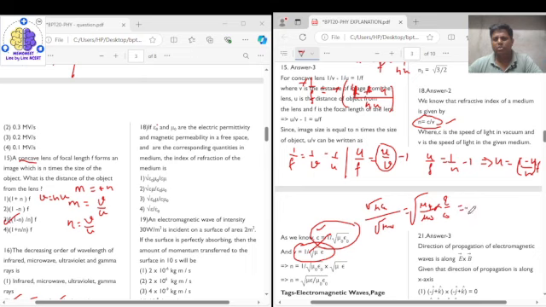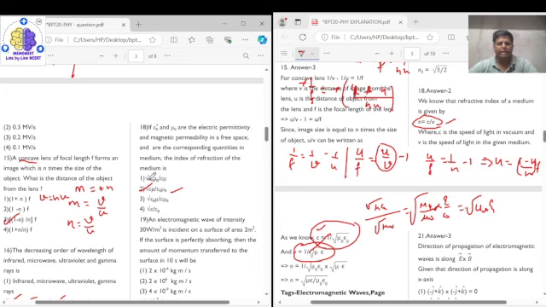So this will be equal to under root of mu r into epsilon r, right? So do we have this in the options? We have this as an option in question number 18, right? Mu r is not being given, so mu upon mu naught into epsilon upon epsilon naught. So the correct answer for question number 18 is option 2.